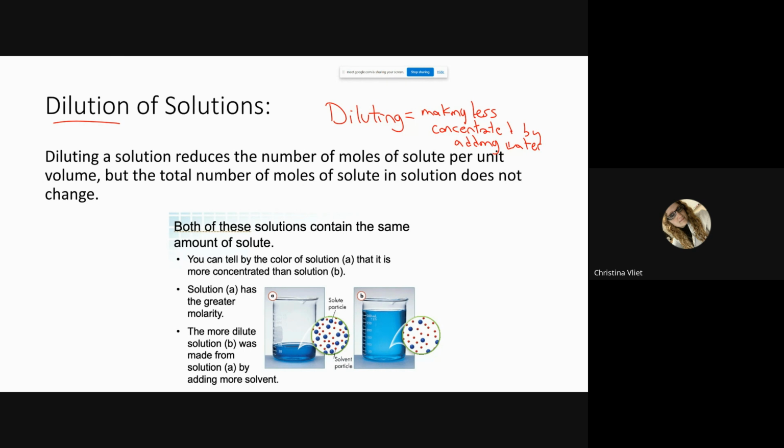I'm going to go ahead and just show you with a very simple demonstration what this can look like. I have about 5 milliliters of food coloring and water.